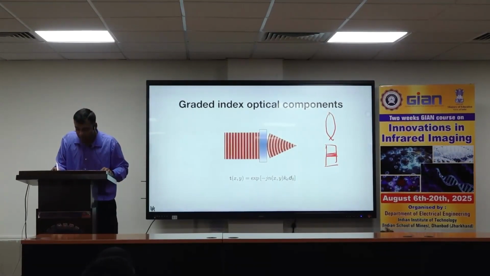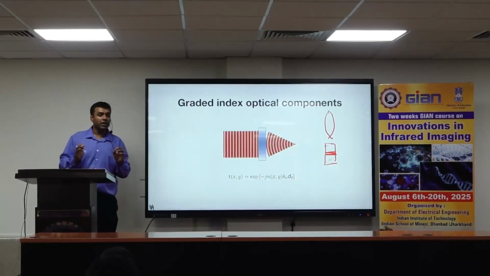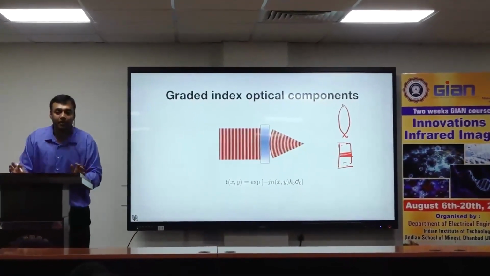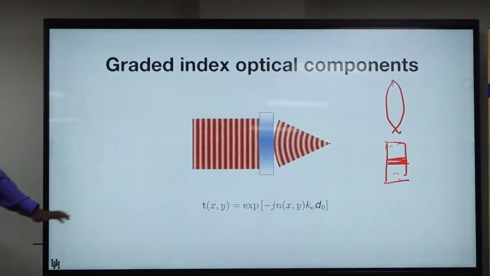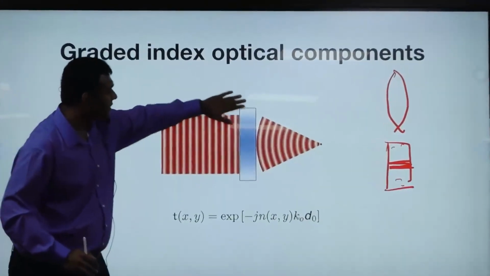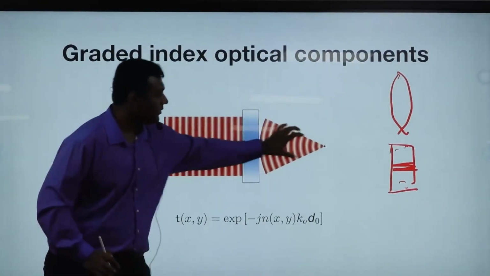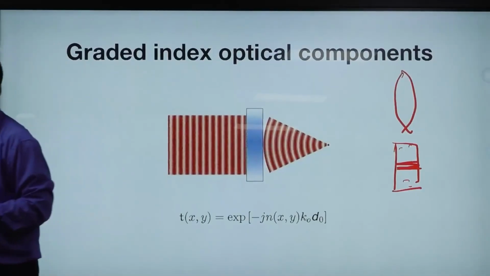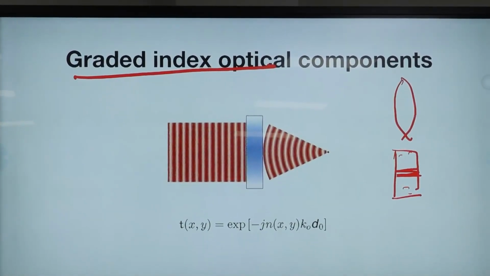You have higher refractive index here. As you go farther away, you make the refractive index lower. You can achieve the exact same effect as a curved surface. And so, in fact, this refractive index gradient takes a plane wave and converges the light to a point. And this is what's called a graded index optical component.